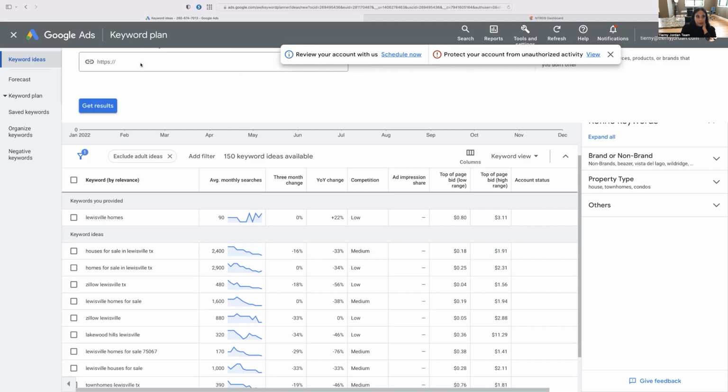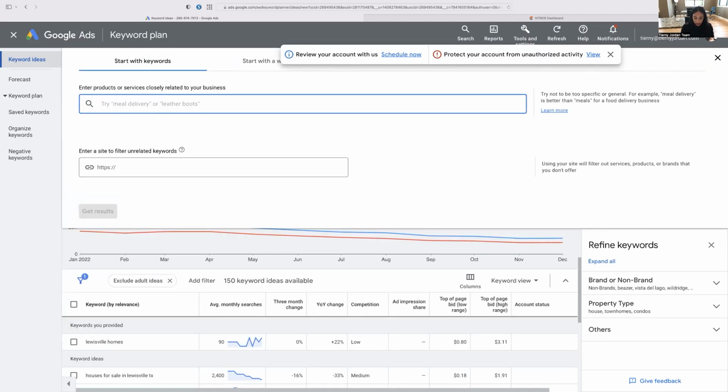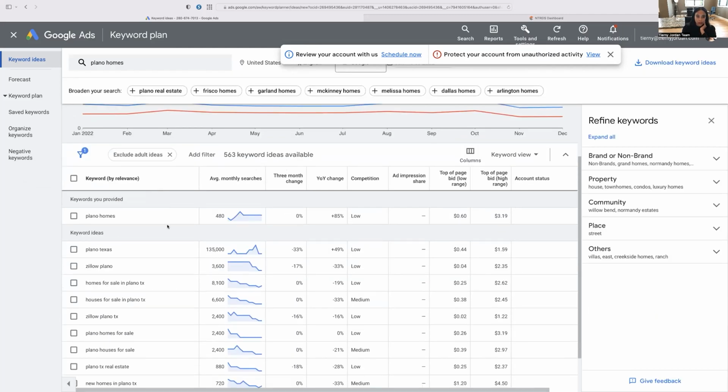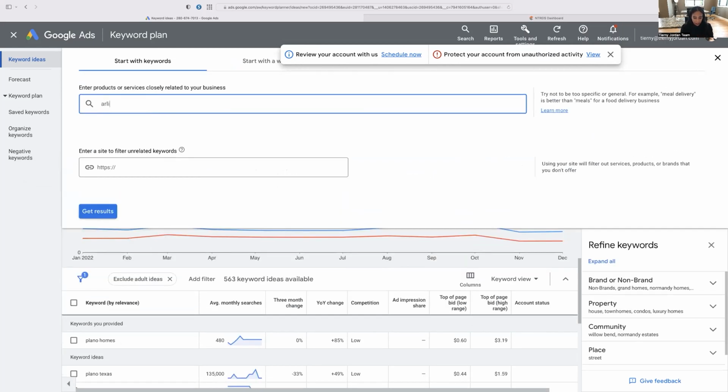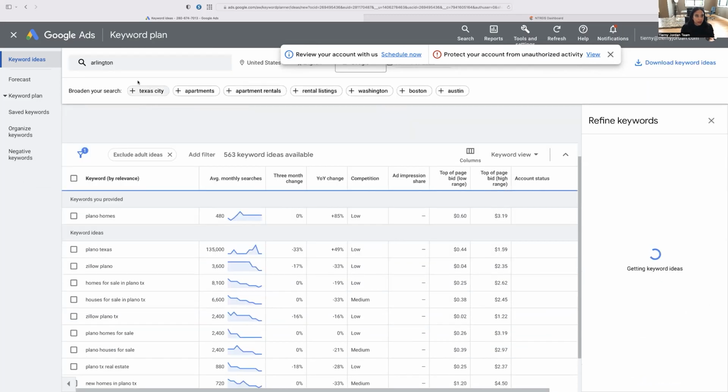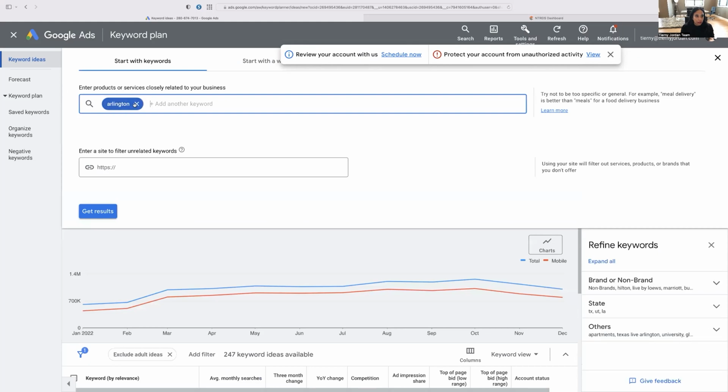Now I'm going to look up another area, Plano homes, get results. Okay, so Plano is a lot better. So I'm going to look at that one, and then I'm going to look at one other. If you run a team, you want to find areas that are within close proximity to where your agents are, where your office is.